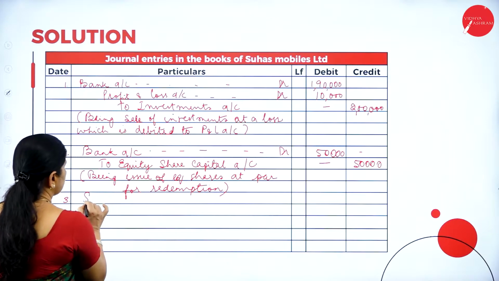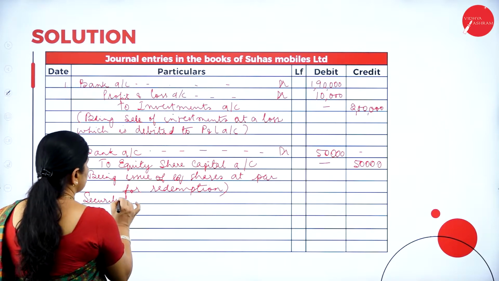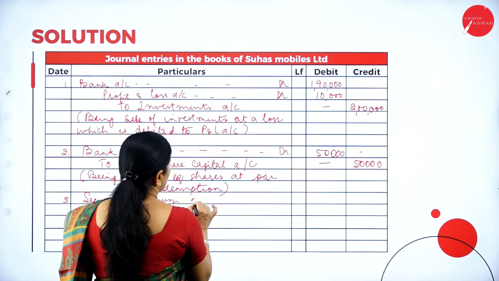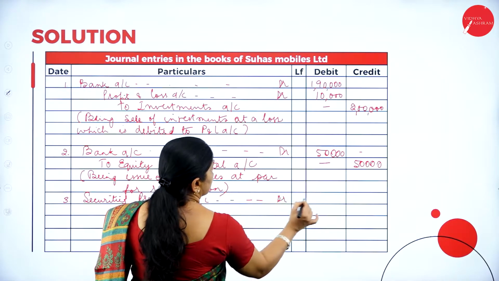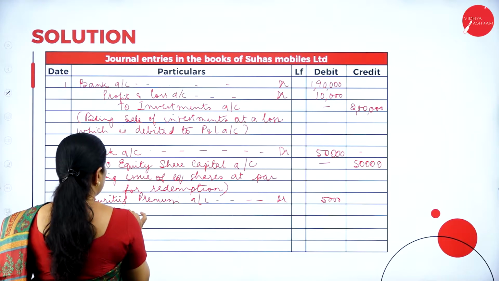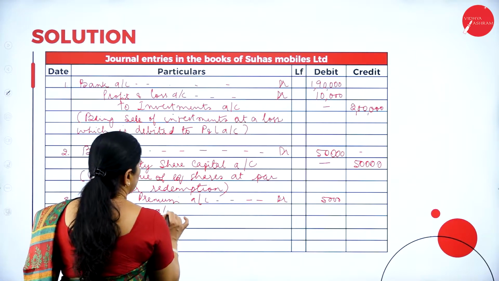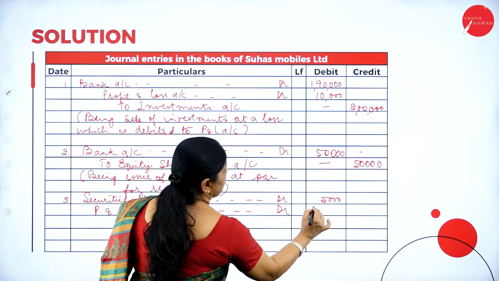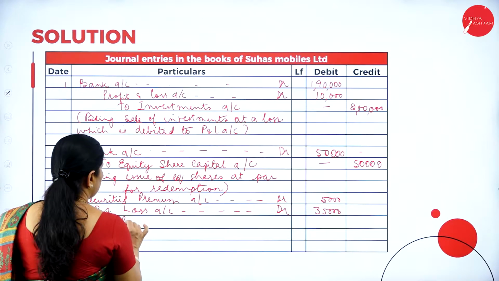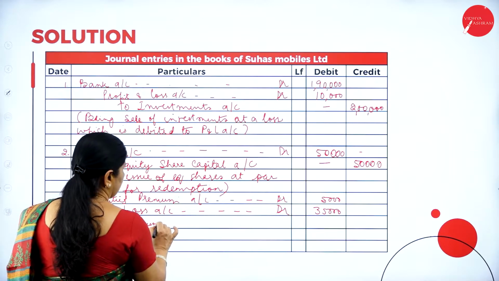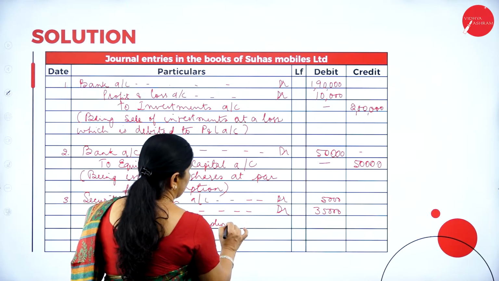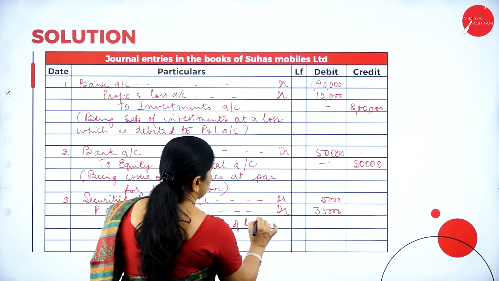So, I will write securities premium account debtor rupees 5,000, then profit and loss account debtor rupees 35,000 to premium on redemption of preference shares.